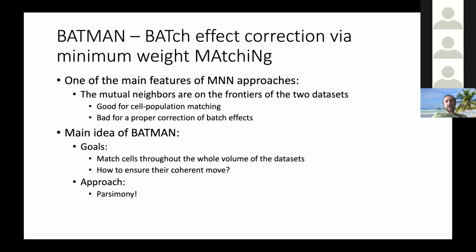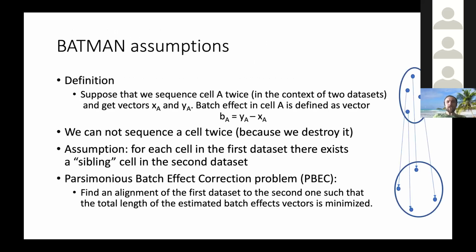So the approach that I'm proposing here is a parsimony approach. Here in BATMAN, let me tell you what the global idea is. First, let me start with the definition.